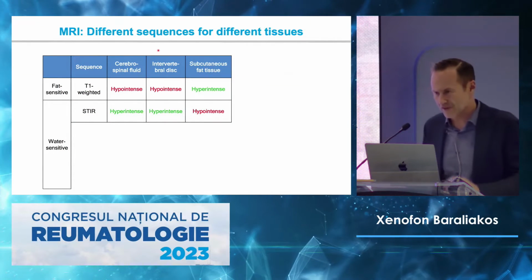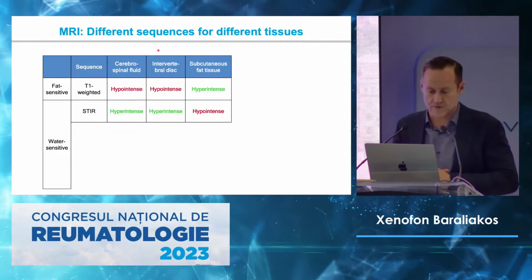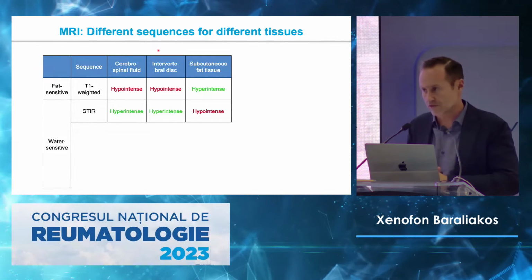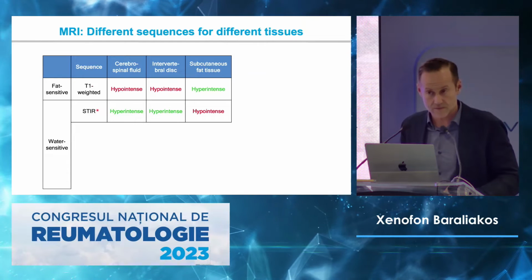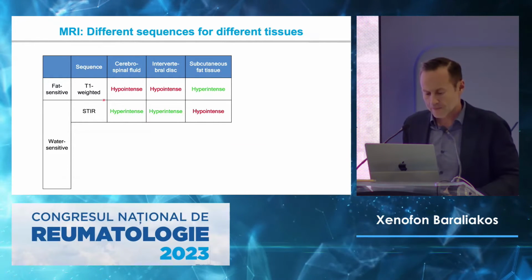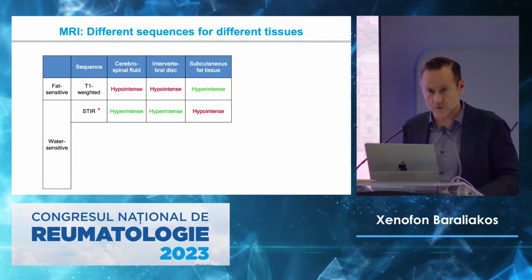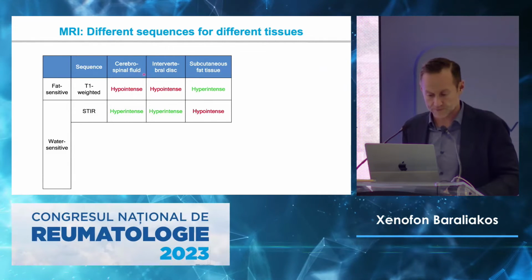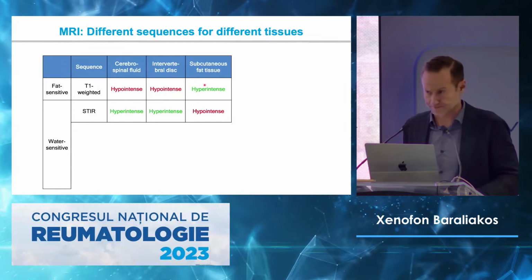Now, very briefly, the sequences for the MRI. In the field of spondyloarthritis, we're using T1 and STIR sequences. I will show you why we do not use gadolinium. And we differentiate them because the STIR sequences are more important for the fluid, and the T1 weighted images are more important for the fat.